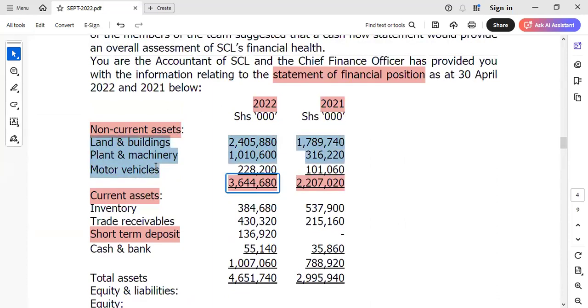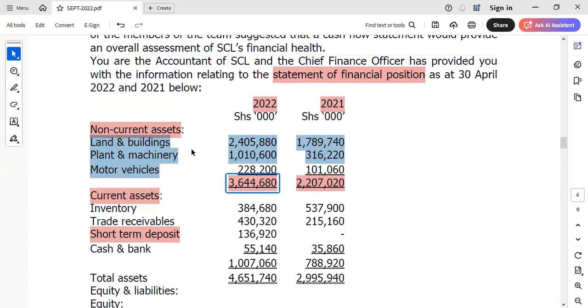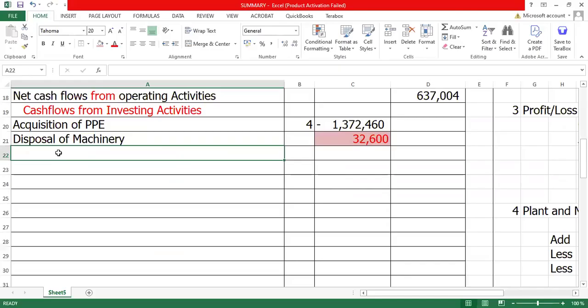So all you need is to see whether the company acquired more or whether the company disposed. The company disposed of some of the assets, and we have done that. You don't have intangible assets, so no business here. So you can immediately get the net.